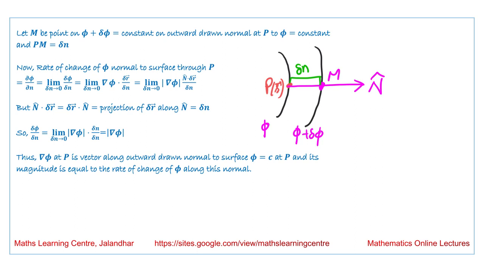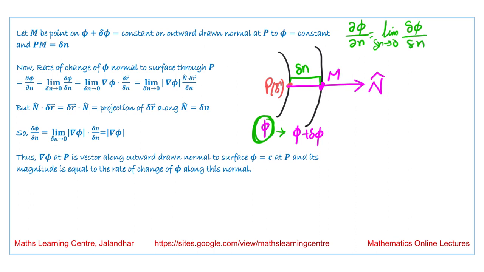So if we calculate the rate of change of the value of phi in the direction of this normal, we write it as curly phi by curly n, that is equal to limit delta n tends to 0, delta phi by delta n.